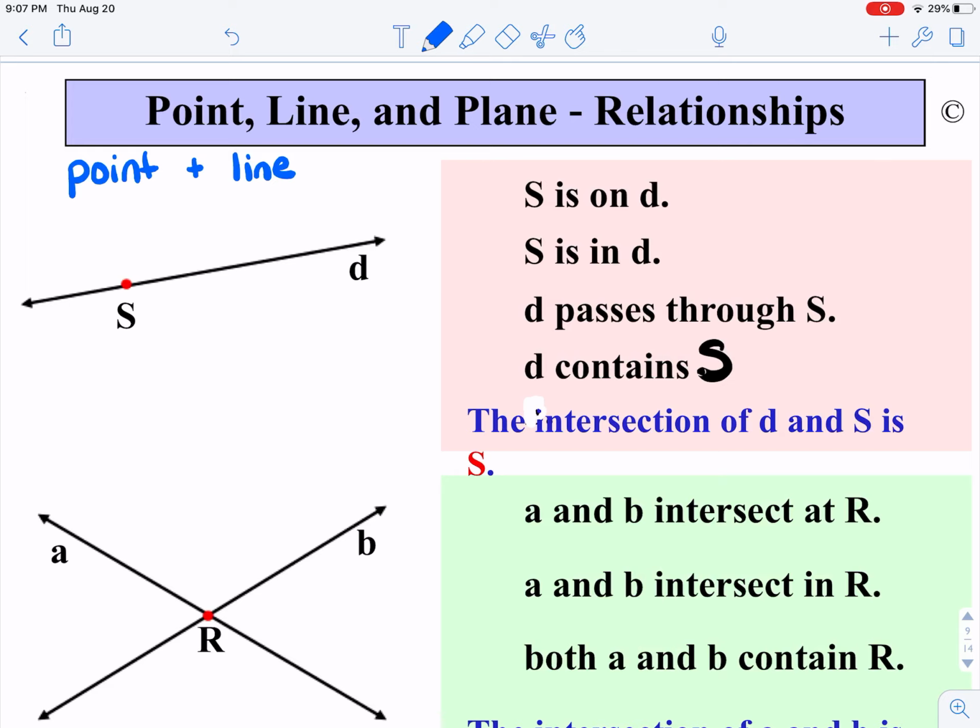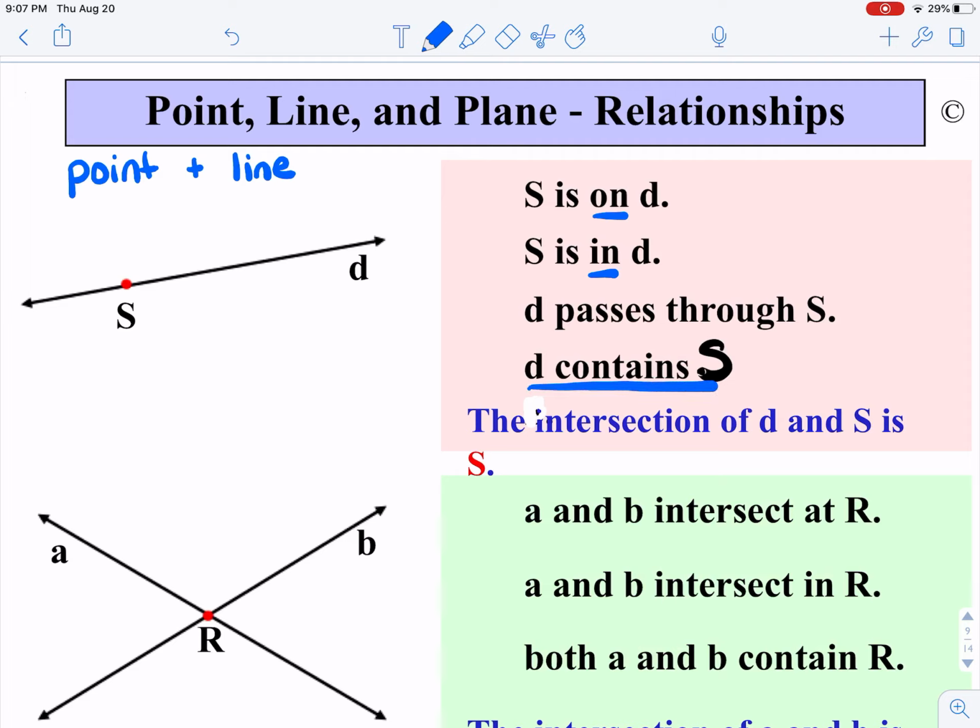So S is on D. S can also be considered in D. Again, those are adverbs and positional words that tell you where something is located. Sometimes they'll say, is S on D? Yes, it is. Maybe on another page in the book, it'll say, is S in D? Those are considered to be the same thing because D, the line, contains S.